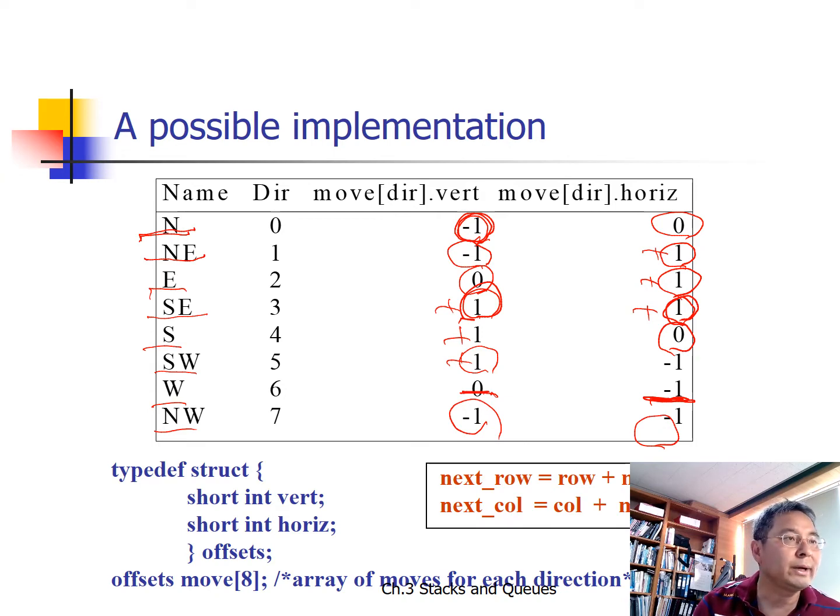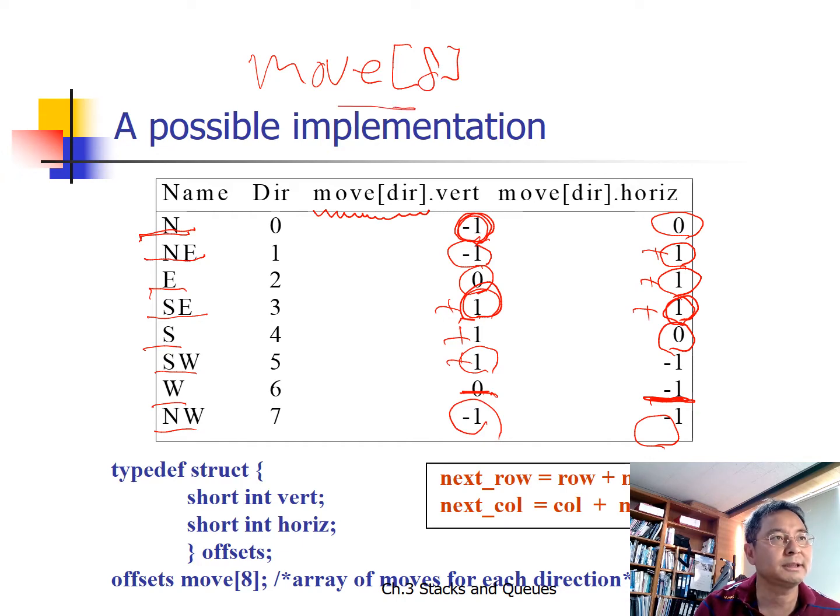Furthermore, we will define the move array. The move array of size 8 will be defined, which has two attributes, vertical and horizontal values.